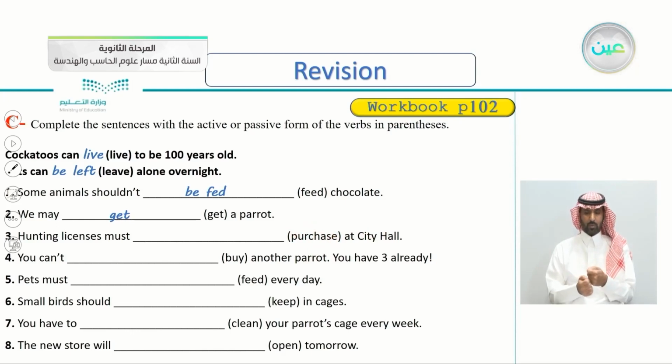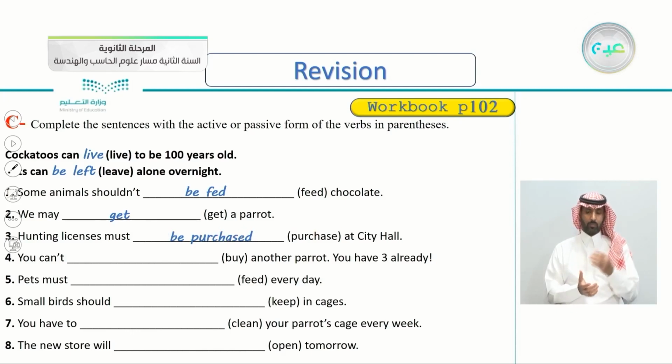Who is purchasing them? We don't know or we don't care. So, is it active or passive? Yes, it's passive. So how do we write it? Hunting licenses must be purchased at City Hall.